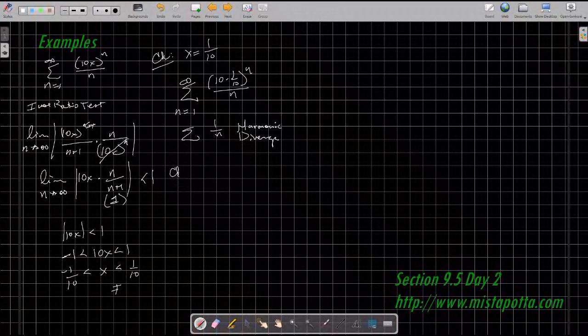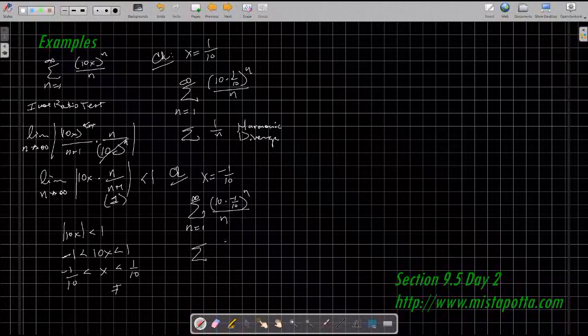But if I check the other endpoint where x equals negative 1/10, then I'm looking for the sum from n equals 1 to infinity of 10 times negative 1/10 to the n over n.